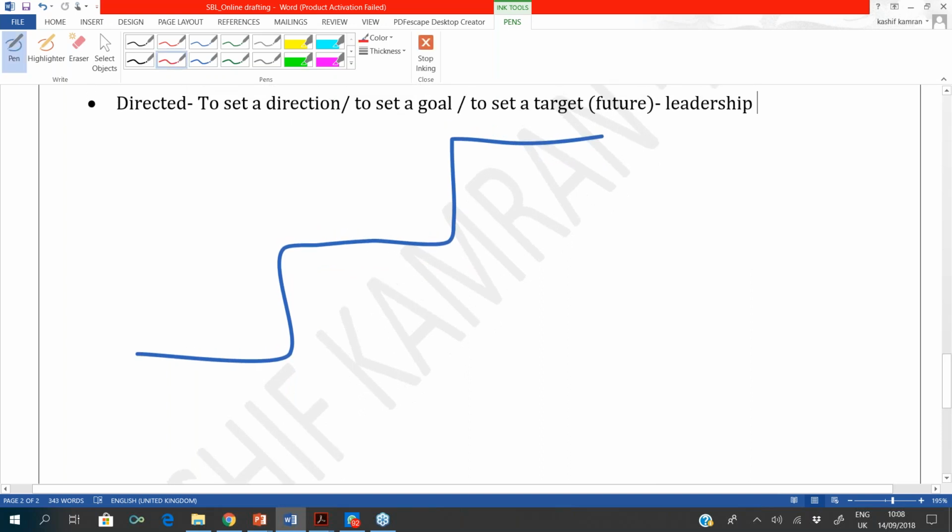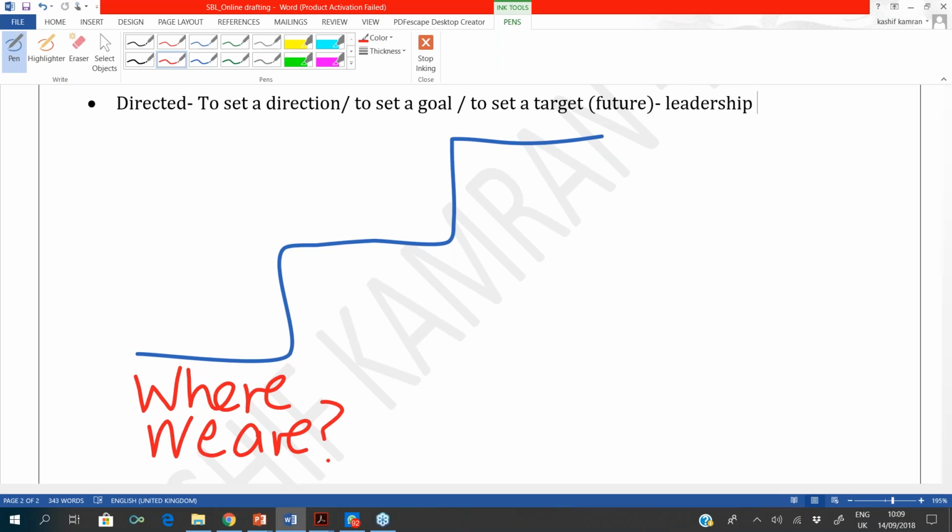The level one says, where we are. So when the directors, when the chairman have a board meeting, in the board meeting they say where we are, that is the present, September 2018, where we are.